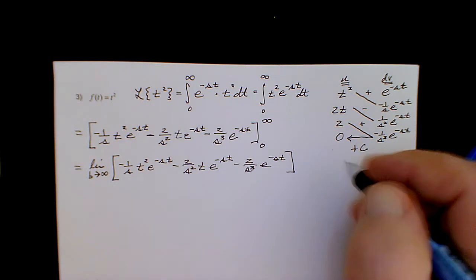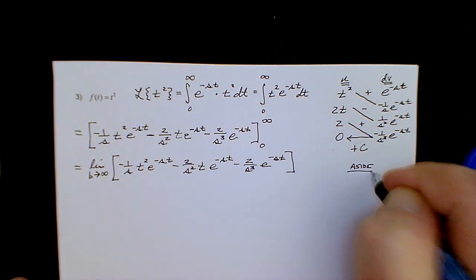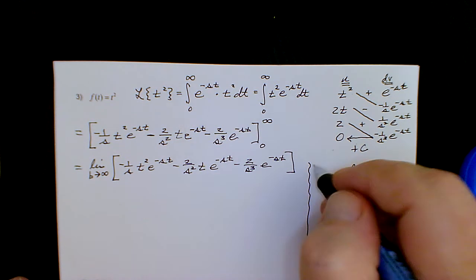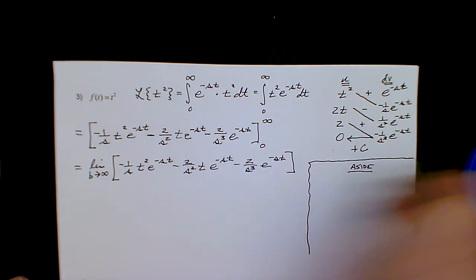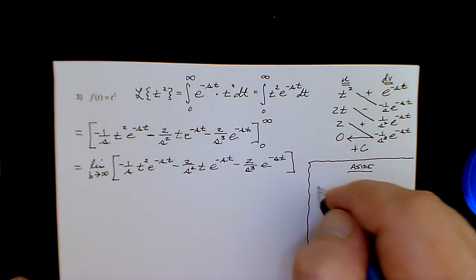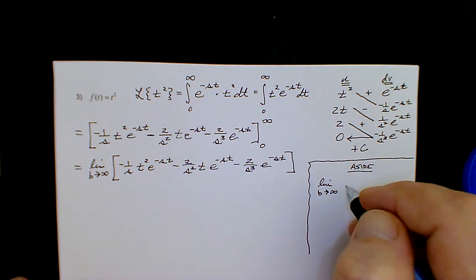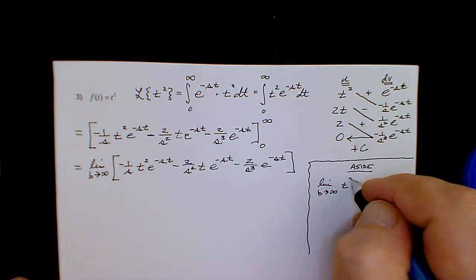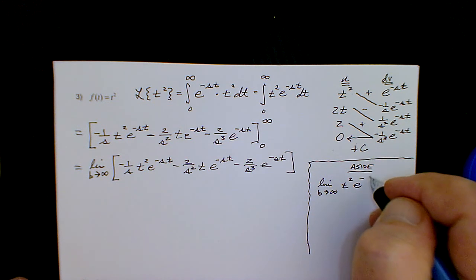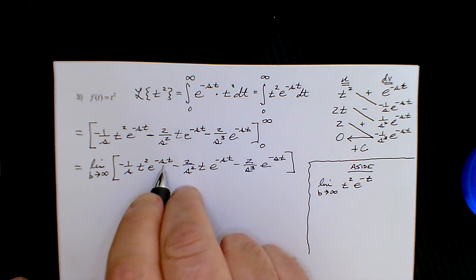Okay, off to the side, hopefully we'll have enough room here to show this as well as the rest of the solution. I want to consider the limit as b goes to infinity of, I'll just do the t squared, e to the negative t, so I'm assuming s is greater than 0.